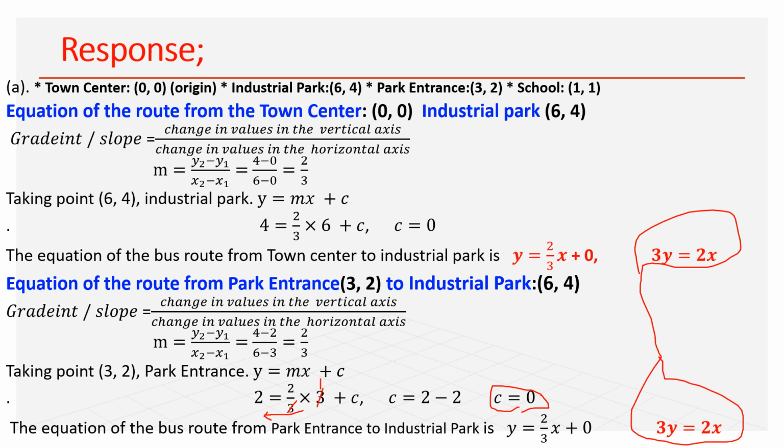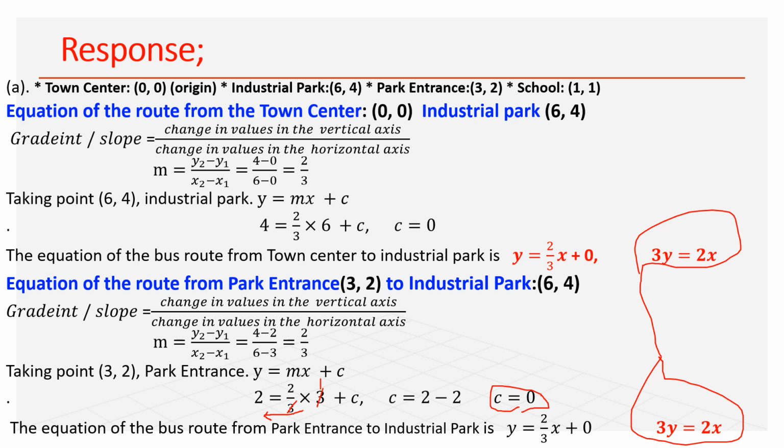Something is happening here. We can vividly see that the park entrance, the industrial park, and also the town center are actually lying on the same line.